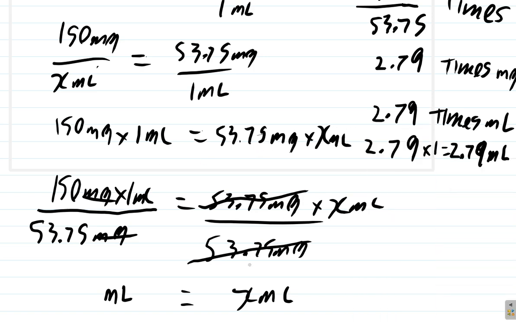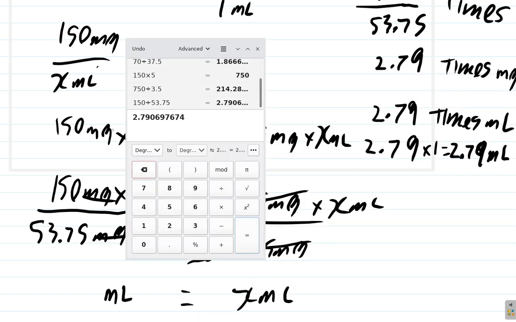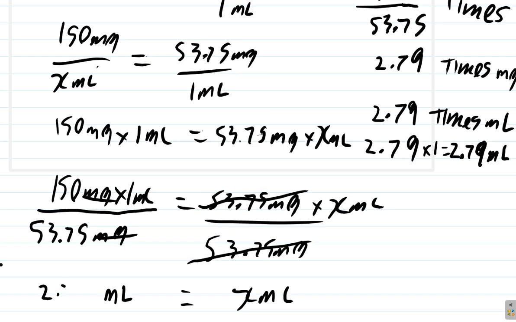Let's see. So it's 150 divided by 53.75 equals 2.79. So we have 2.79 milliliters again. So you should administer 2.79 milliliters.